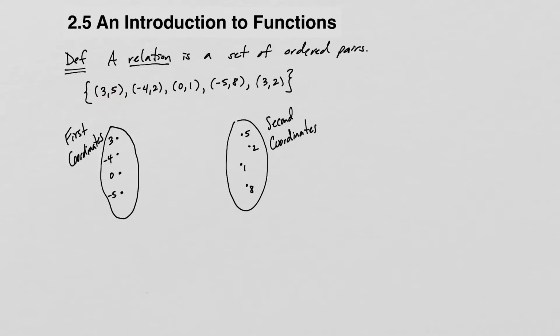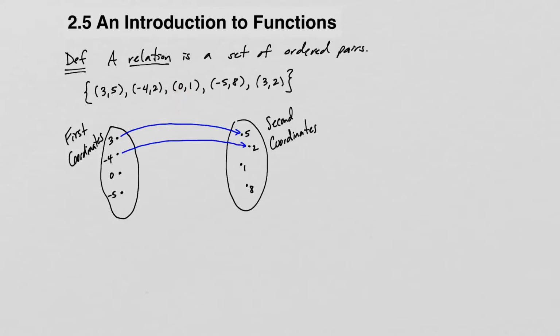And we can actually draw that down here as a graph. We can say that the x-coordinate of 3 corresponds to the y-coordinate of 5. So let me go ahead and draw an arrow from 3 to 5. The second point says that x equals -4 corresponds to y equals 2, and we can draw a line for that one as well.